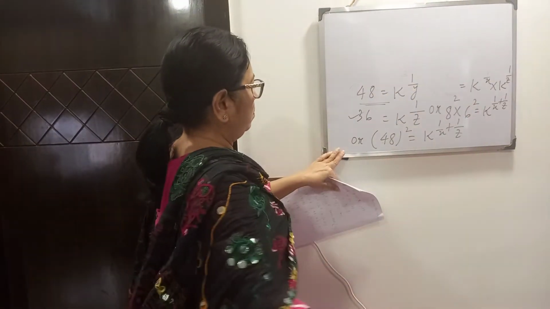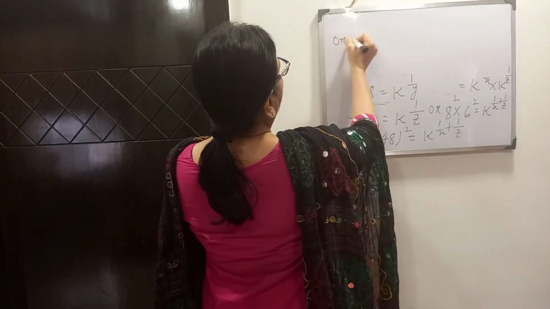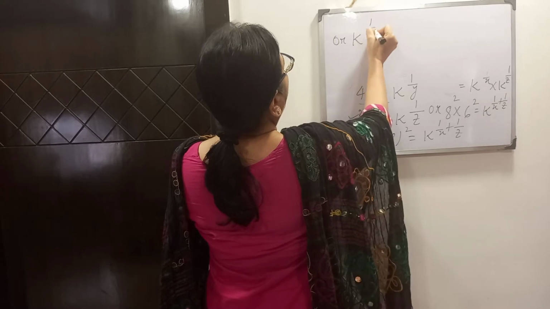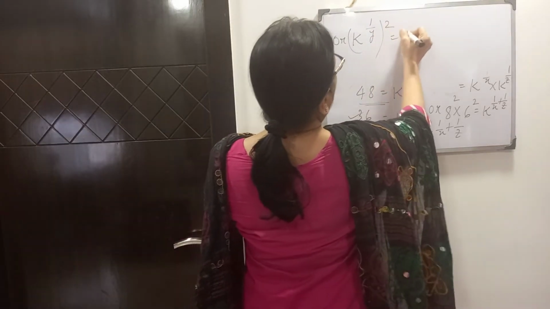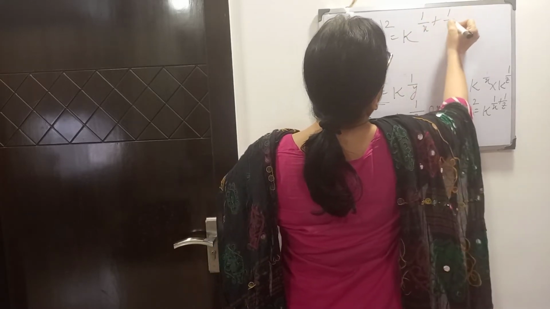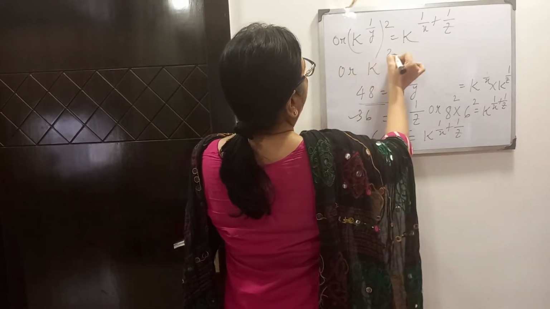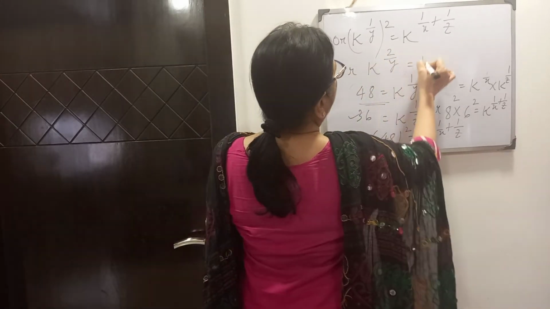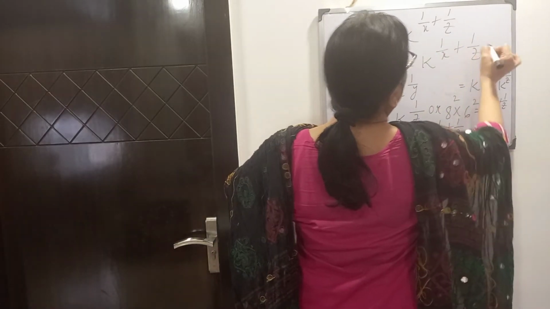Now see, 48 means k to the power 1 by y, and there is a square, equals k to the power 1 by x plus 1 by z. So k to the power, open the bracket, 2 by y.